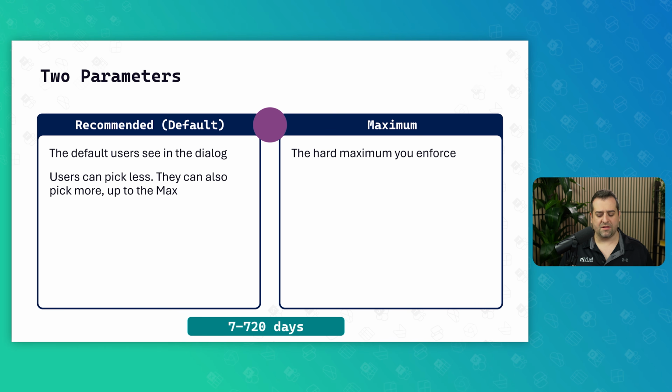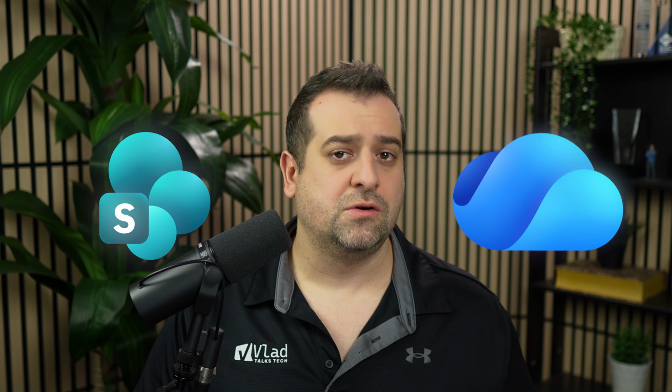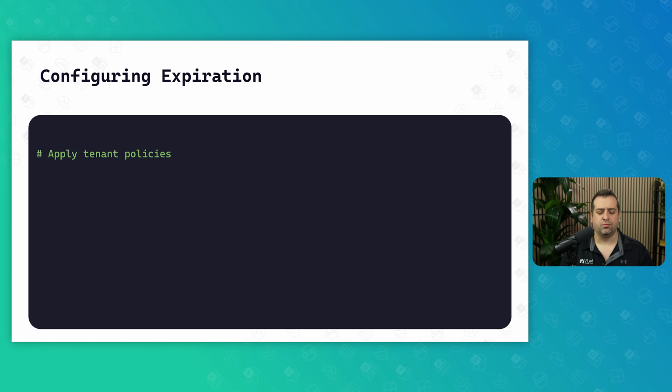And it's really cool, and something that I love is that you can set different values for both SharePoint and OneDrive. So you really have the flexibility on whether they're the same or different. Here's the PowerShell commandlet, which we'll also look at in the demo in a minute here. For the tenant level, it's Set-SPOTenant.